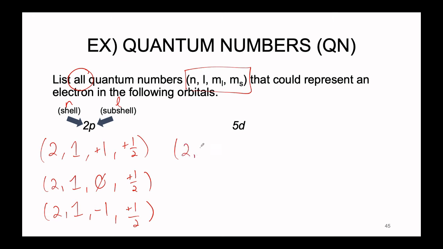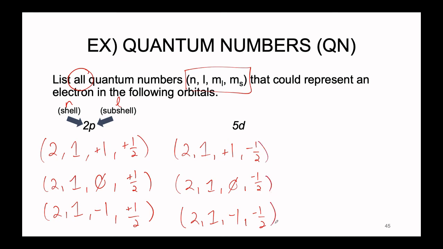I'll just do this here to be explicitly clear. So again, we're writing out each of the houses: 2, 1, +1; 2, 1, 0; 2, 1, -1. And if the electron you're trying to refer to is not up spin, if it's down spin, we have to write -1/2 for each of these.